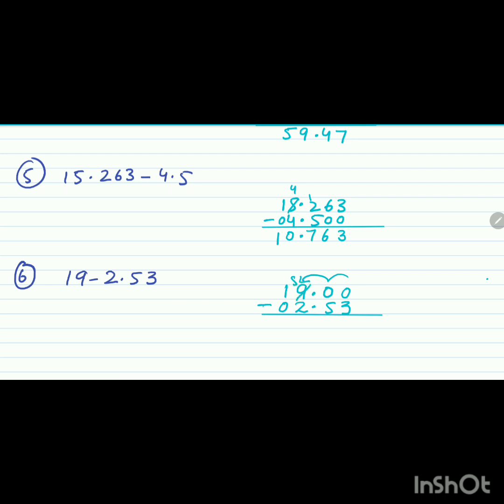It will remain 8 here. It will become 10. Then we take one borrow from that 10, it will become 9 here, and this will become 10 now. 10 minus 3 is 7. 9 minus 5 is 4. Decimal under decimal. 8 minus 2 is 6. And 1 minus 0 is 1. This is the final answer.